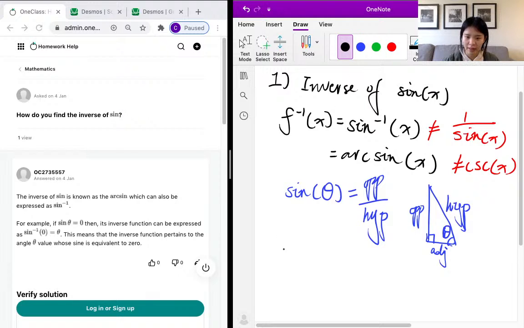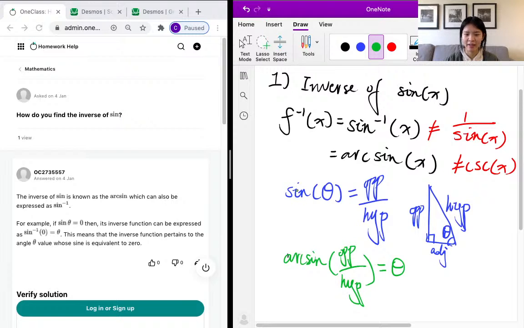As we know, the arc sine function is just the inverse of the sine function, which means that the arc sine function takes in this ratio of the opposite side over the hypotenuse side, and it returns an angle theta.